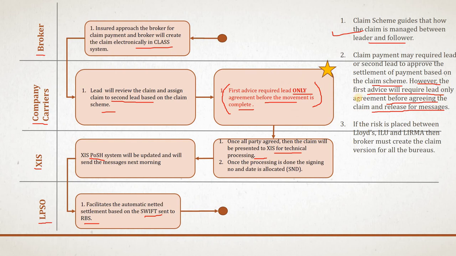Here it requires only the lead agreement before it is released to the other followers. The lead will review the claim and, once satisfied with it, will approve and agree. So this is one of the key differences between the Lloyd's and the ILU claim process.